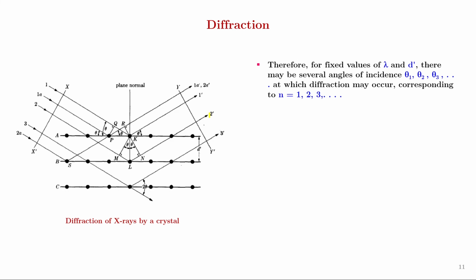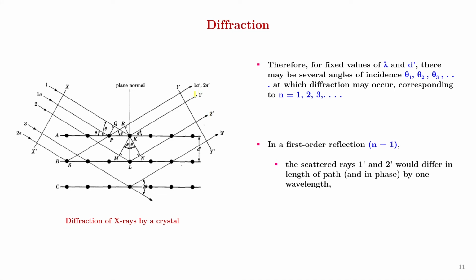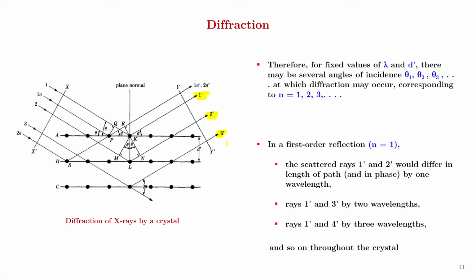Therefore, for fixed values of lambda and d', there may be several angles of incidence theta 1, theta 2, theta 3, etc. at which diffraction may occur, corresponding to n equal to 1, 2, 3, etc. In a first order reflection, n equals 1 and the scattered rays 1' and 2' would differ in length of path and in phase by 1 wavelength, rays 1' and 3' by 2 wavelengths, rays 1' and 4' by 3 wavelengths, and so on throughout the crystal.